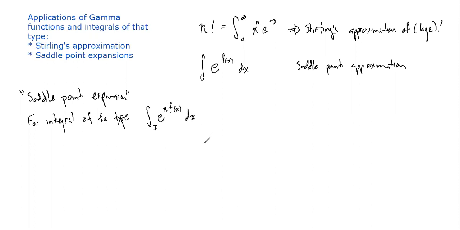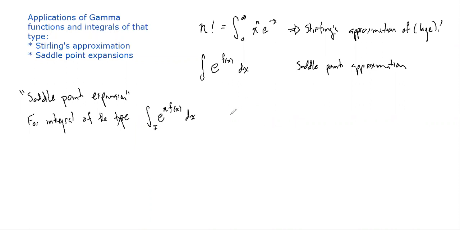Where n is just, maybe alpha would be a good choice too, but n is just some parameter that basically tunes how big f of x is, or it's something that we can factor out from all of the terms in f of x.